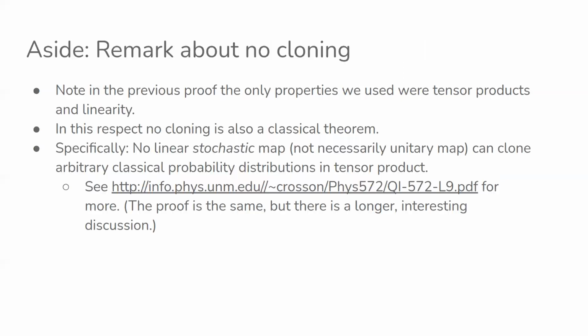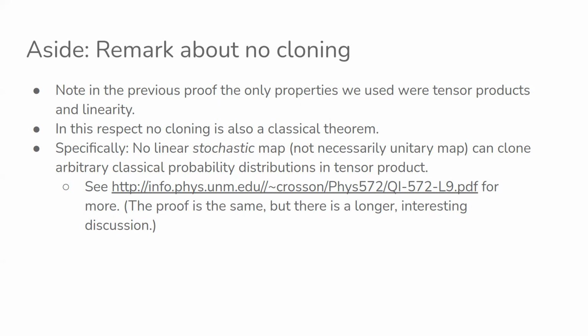And then, just an aside, this isn't really a quantum thing. As long as you have tensor products and linearity, which are quantum, but you don't really need all of the axioms of quantum, then you'll still have a no cloning theorem. This is described very nicely in the lecture notes of Elizabeth Crossan, who's at UNM.